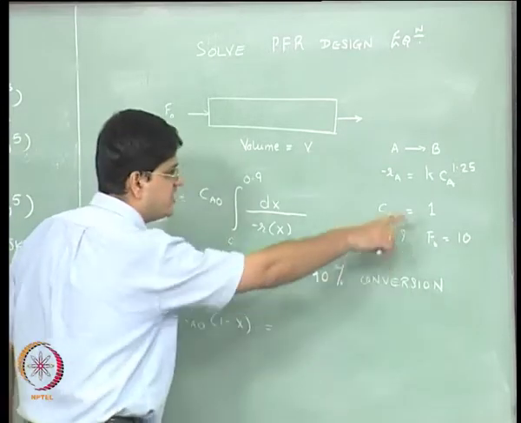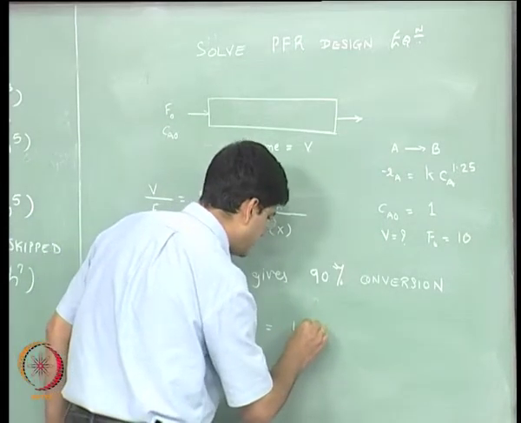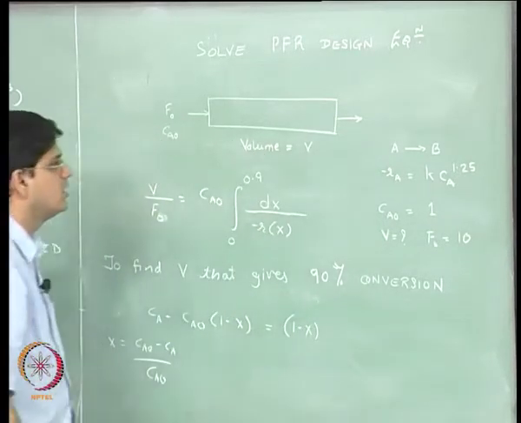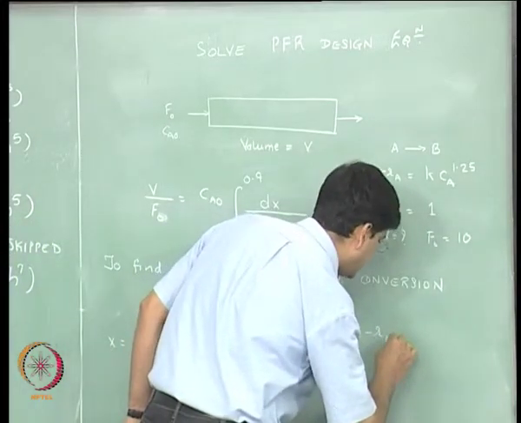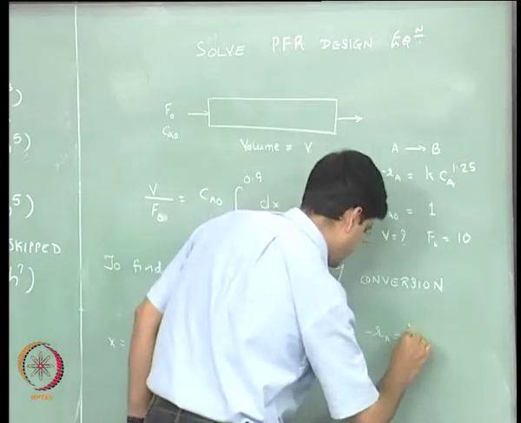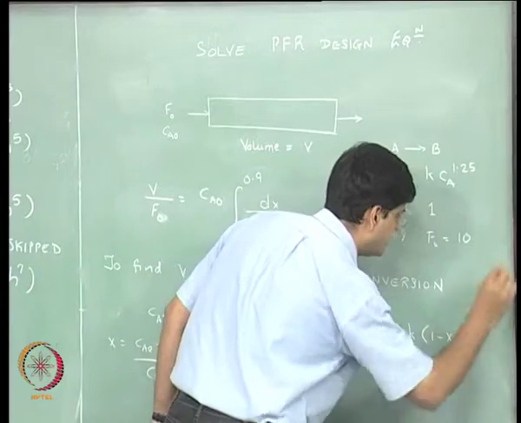Substituting the value of Ca naught equal to 1 in this particular equation, Ca is going to be 1 minus x. And therefore minus Ra is going to be K times (1 minus x) to the power 1.25.